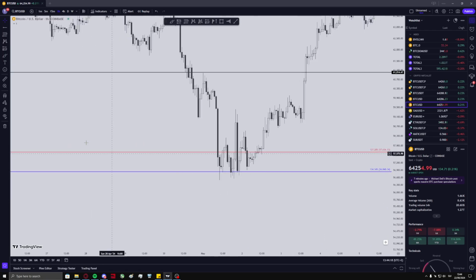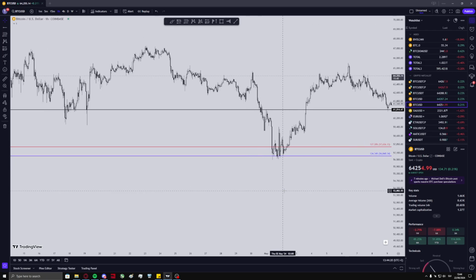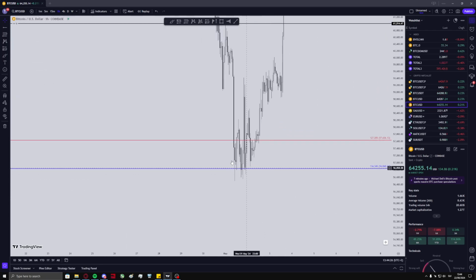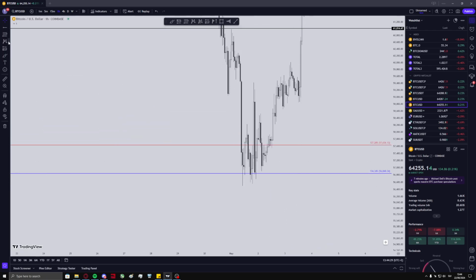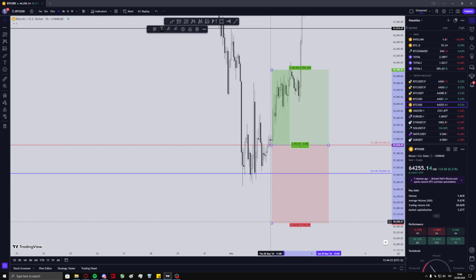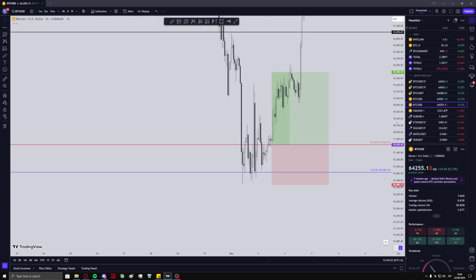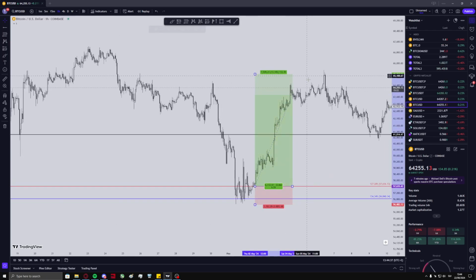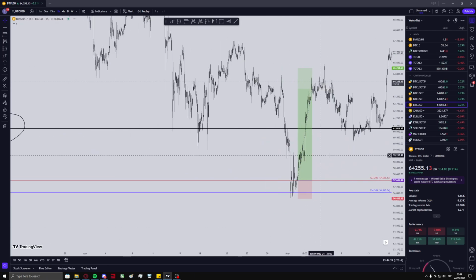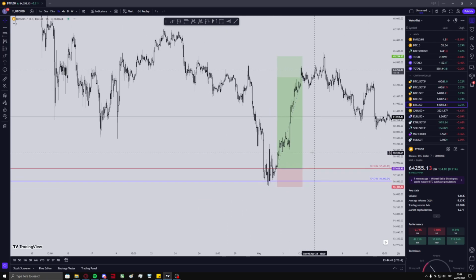So what you can do is, one option you have is you can just limit long the 1.272, or like in this example, you can wait for a breakout and retest of this 1.272 and just enter with stops below the low, right? And you're going to have this simple trade of a deviation move.